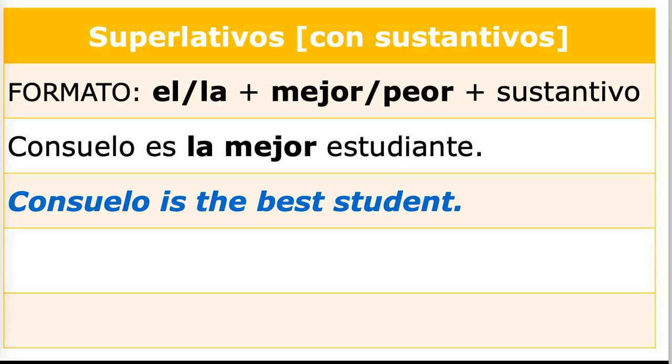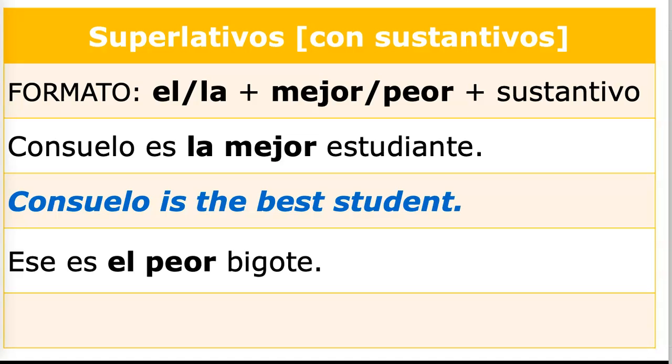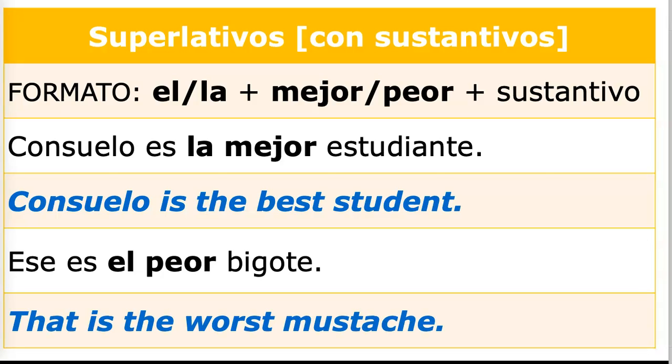This translates to Consuelo is the best student. Ese es el peor bigote. And what we're talking about is masculine, so we use el. Another one of our vocab words. That is the worst mustache.